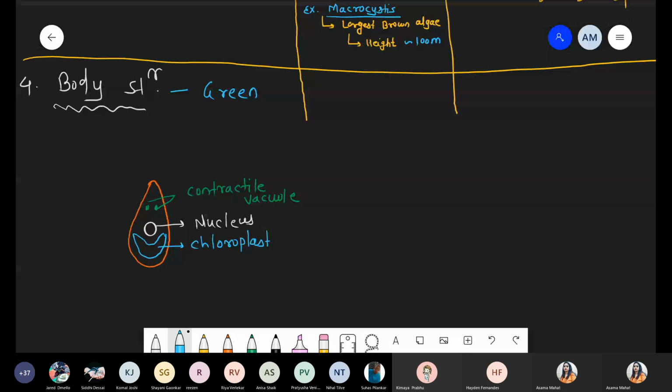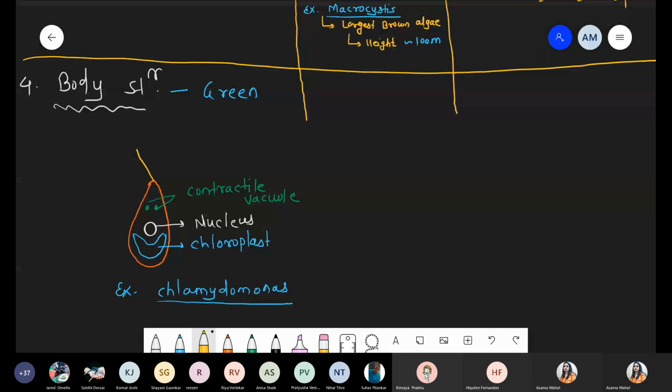Okay. So, continuing the part, we are talking about the typical structure of Chlamydomonas. You know very well, these are unicellular green algae which have flagella.